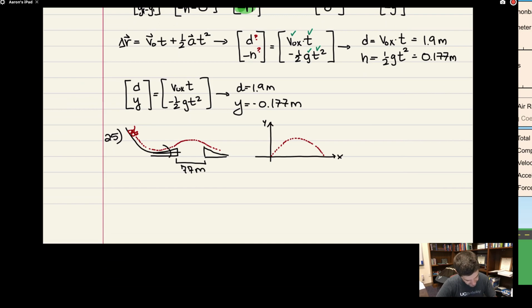And the idea is that if this is the origin, then this must be plus 77 meters. And the angle that he launched is 12 degrees. And then the question is, what is his initial takeoff speed? Again, speed, so we're looking for the magnitude of the velocity vector, not the vector itself.